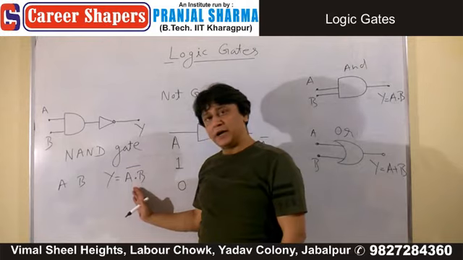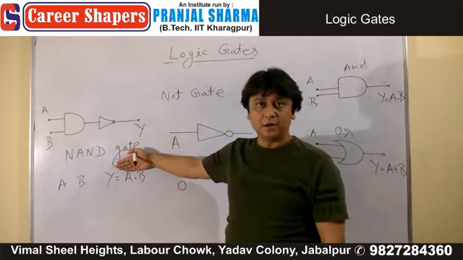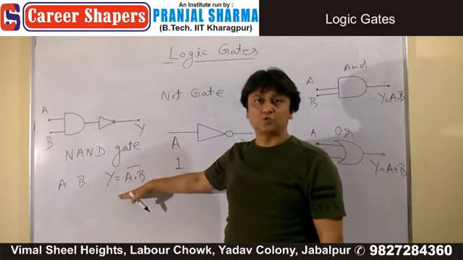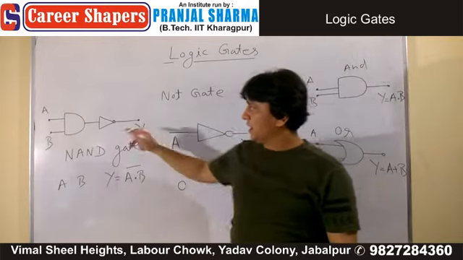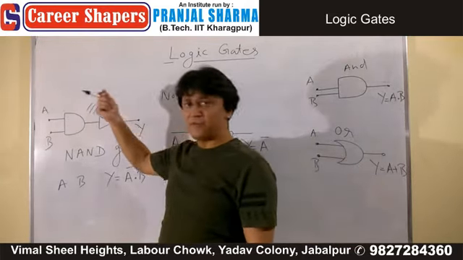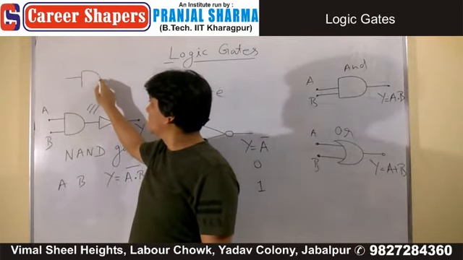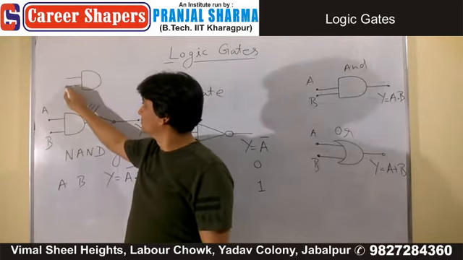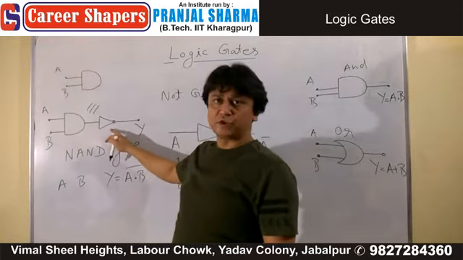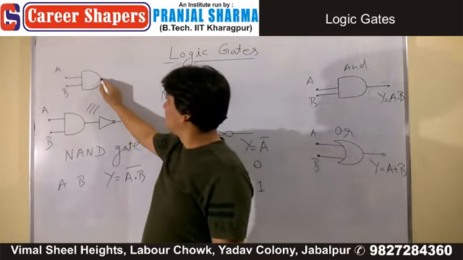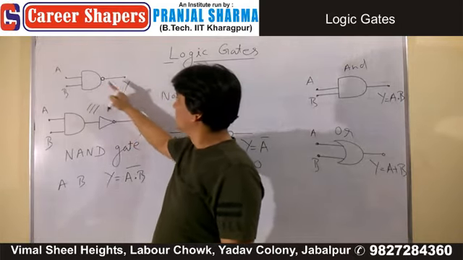What is written here? AND NOT. That is the NAND gate, and this NAND gate in simplified form, they simply draw in this way. Here are your A and B. Instead of drawing this triangle, they will give you a dot. That's all.